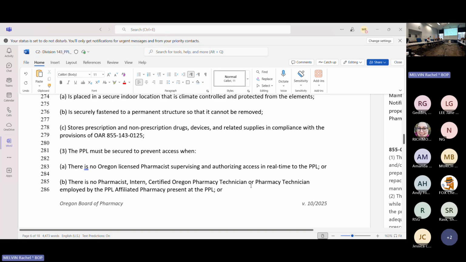I don't have specific thoughts or comments now, but I think we need to think very carefully about that. I think we need to be less specific with some of the security and alarm stuff and keep it to the PIC is responsible for the security of the PPL. To me, I don't think we need all that detail.